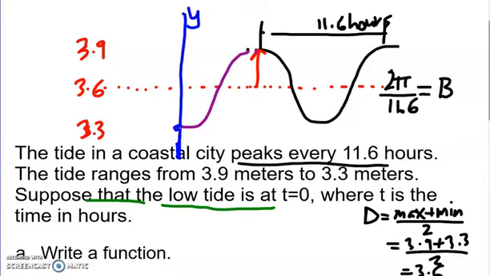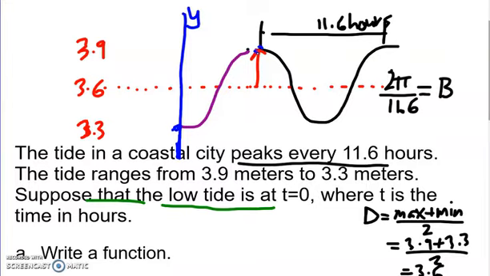So the low tide is at t equals 0. So it starts at t equals 0. This is also giving me a clue that if I don't want to deal with phase shifts, I could do a phase shift, but I just don't have information how far away that is from t equals 0. But I do know at t equals 0, it's got a valley, it's got low tide.